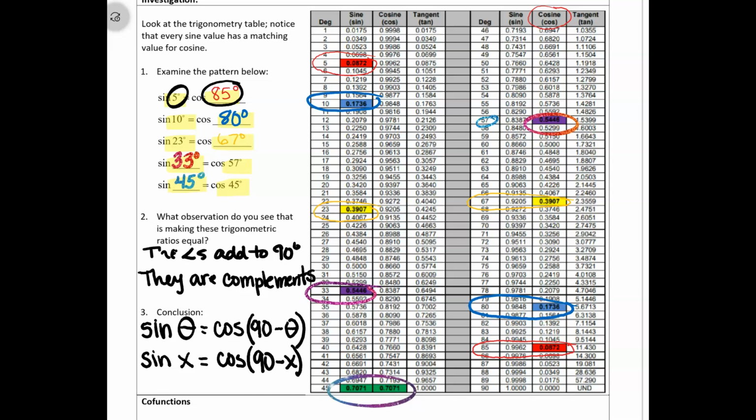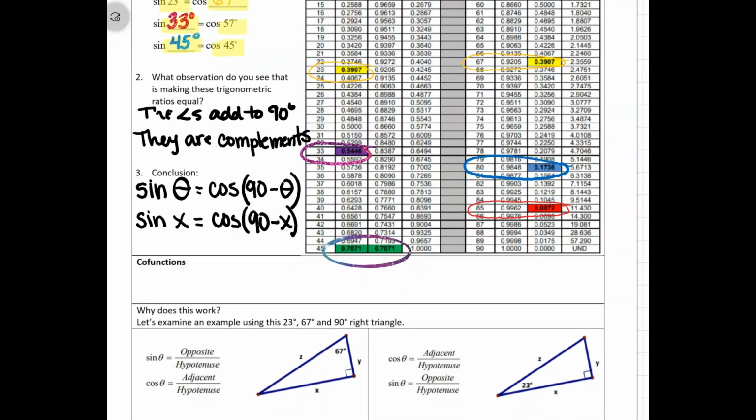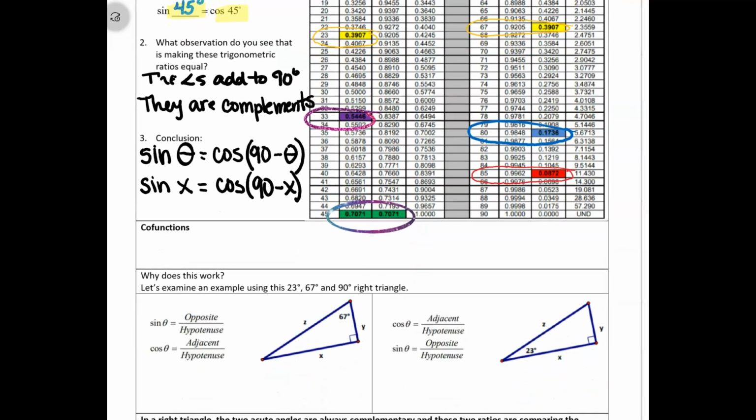So that leads us to an idea of a cofunction. So what is a cofunction? Well, that is when two trigonometric functions are complements of each other.